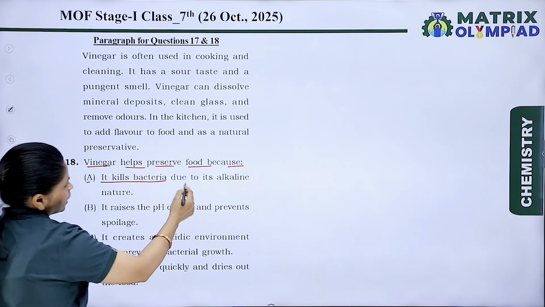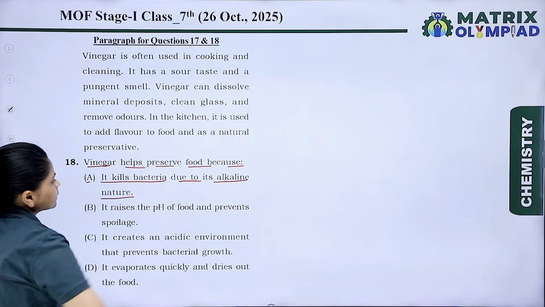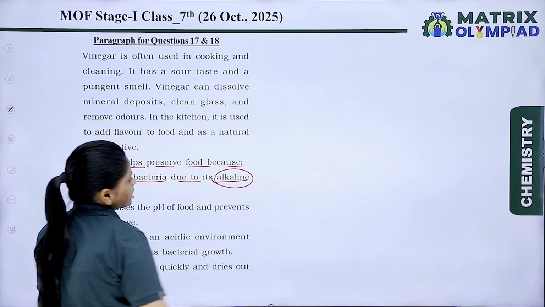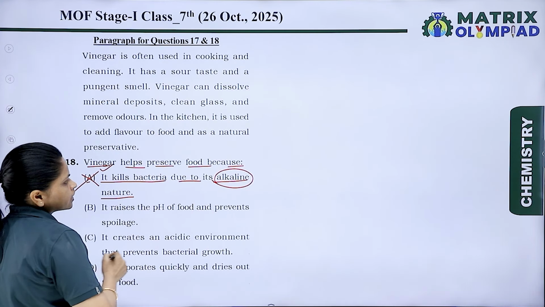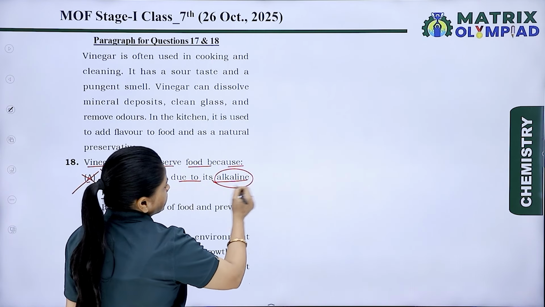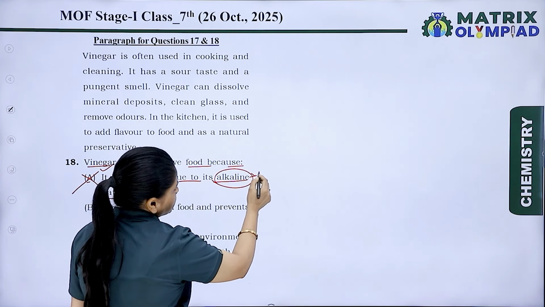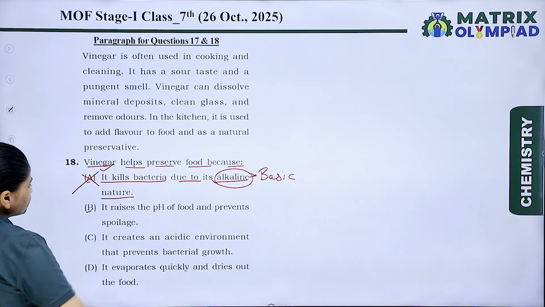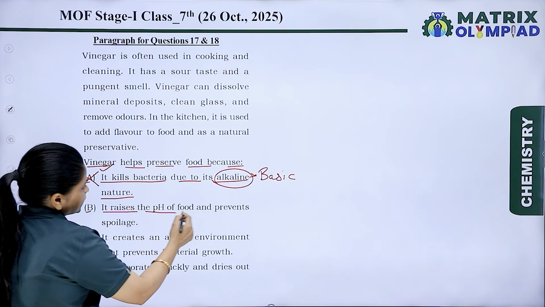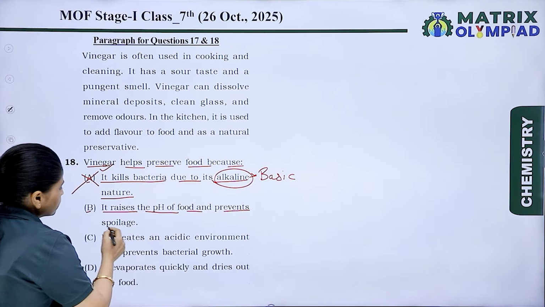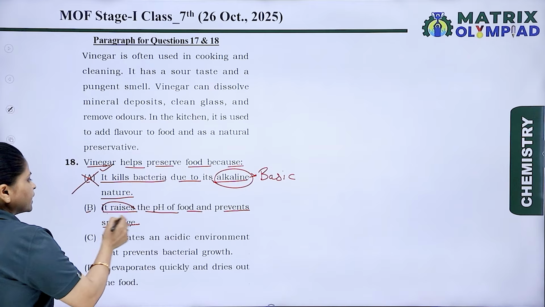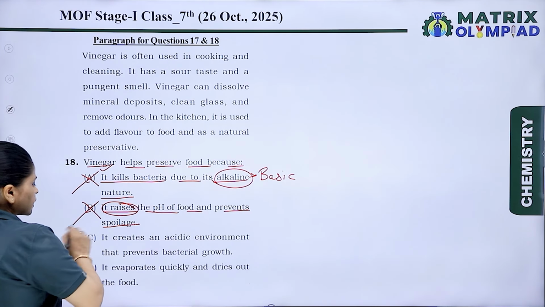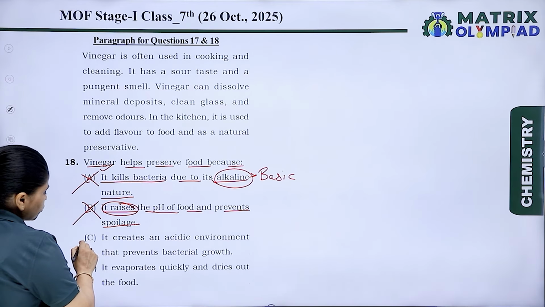Now the next question: vinegar helps preserve food because A. It kills bacteria due to alkaline nature. No, this is wrong because vinegar is not alkaline, it is acid, because alkaline means basic. B. It raises the pH of food and prevents spoilage. No, it can't raise it. So this is again the incorrect option.